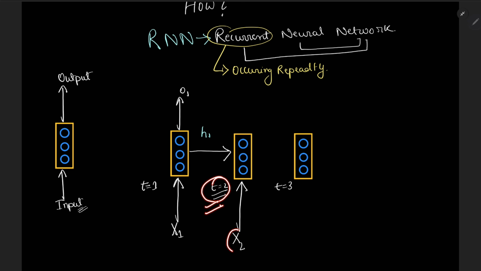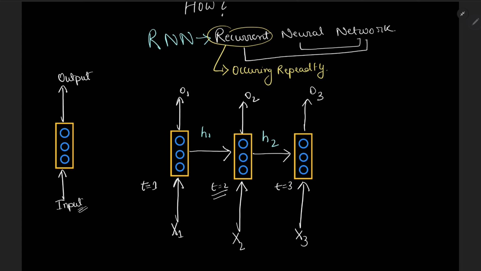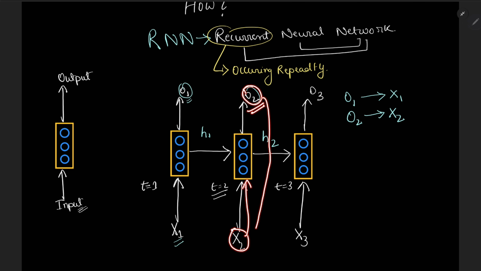Now from this we can make some observations. This O1 stores the information of x1 because only x1 has been passed here. This O2 stores the information about x2 because x2 has been directly passed to this neural network where O2 was generated. Also, O2 stores the information of x1 because h1 has been passed here and h1 carries the information about x1.